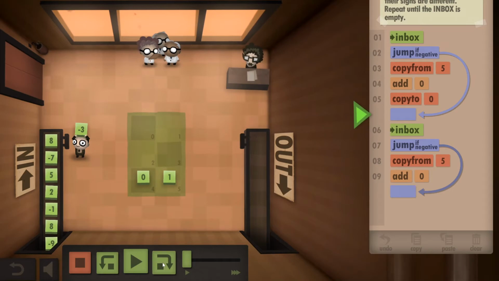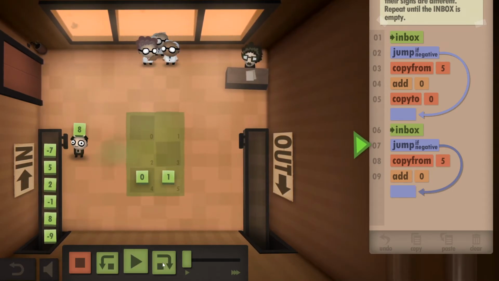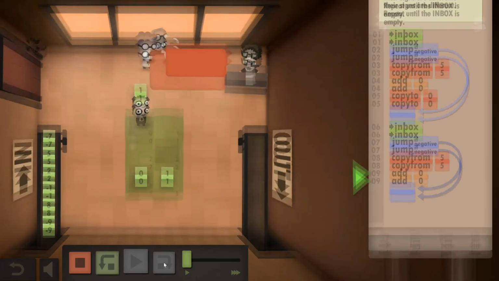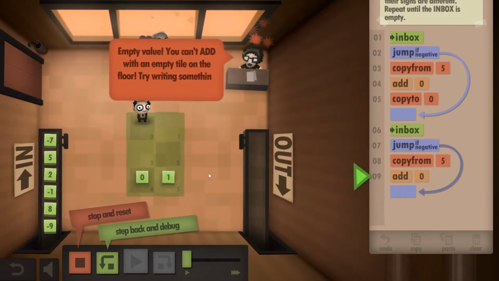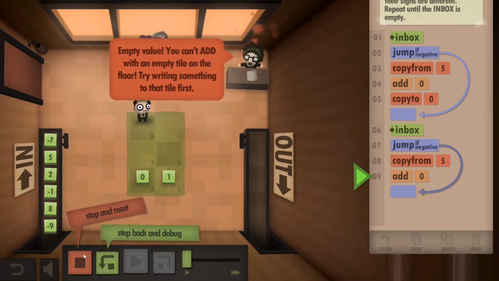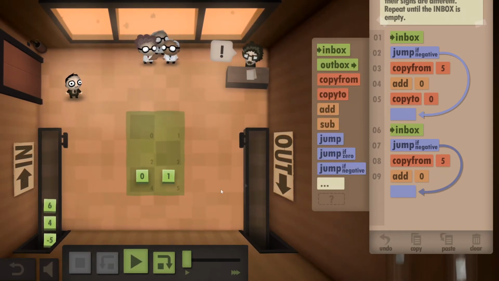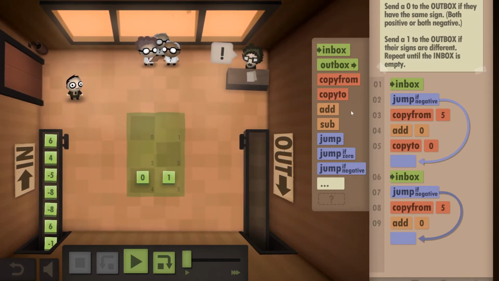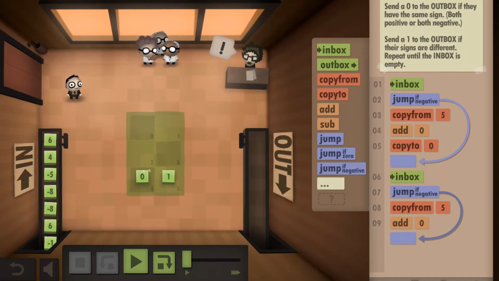Pick up there, we're gonna jump over, pick up another number, copy from 5, and then, okay. So we cannot add, so just as a precursor, we have to add something to slot 0, so we're going to add a 0 there.